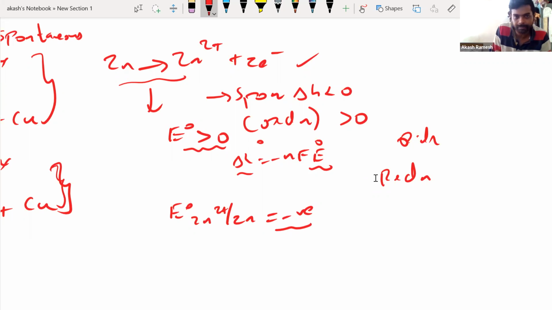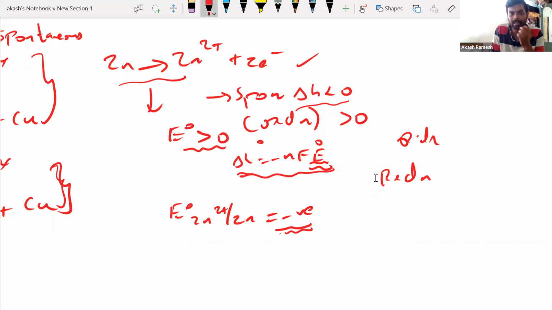No doubt about it. And according to this equation, delta G is equal to minus nFE naught. If it is a spontaneous reaction, delta G should be less than 0. And if I want delta G to be less than 0, the E naught value should be greater than 0. No doubt, right? But just now I showed you that the potential value we get is a negative value. That means it is not spontaneous, but it is not like that.